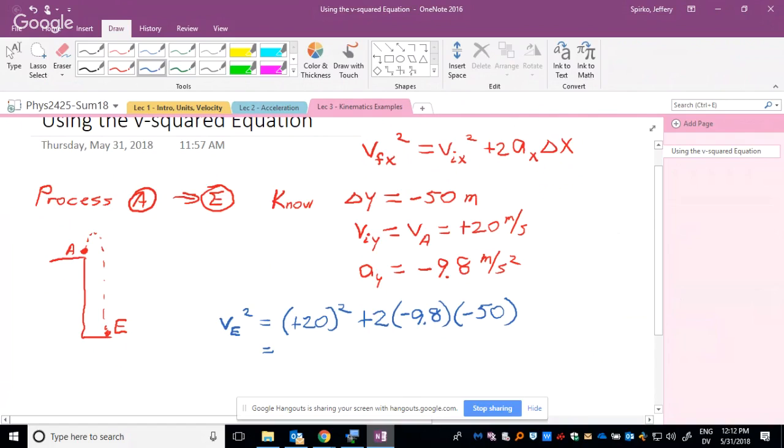So the acceleration is negative and the displacement is negative. This is because gravity points down and the object ends up below its starting point. So this turns into 400, and this turns into 2 times 50 is 100 times 9.8 is 980.